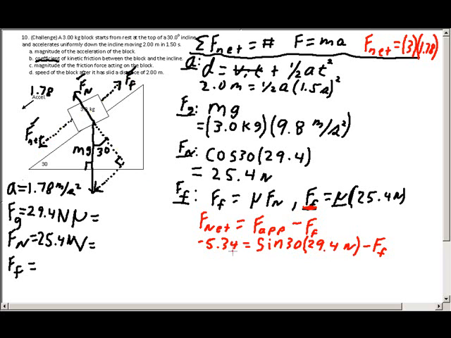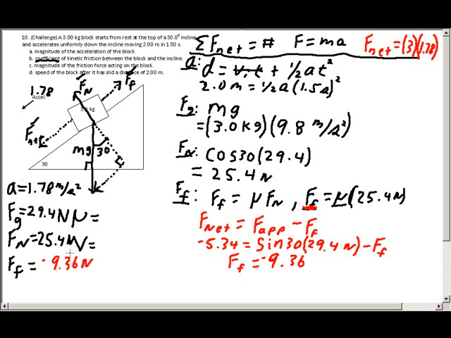When I, in fact, crunch the numbers, I find that my frictional force is equal to negative 9.36 newtons.